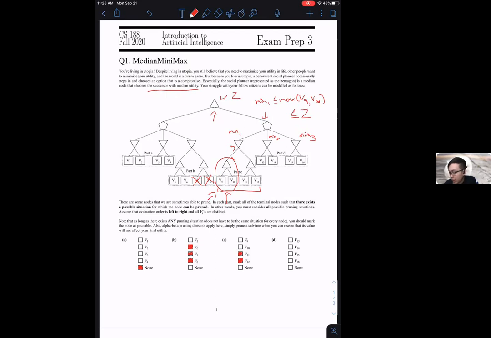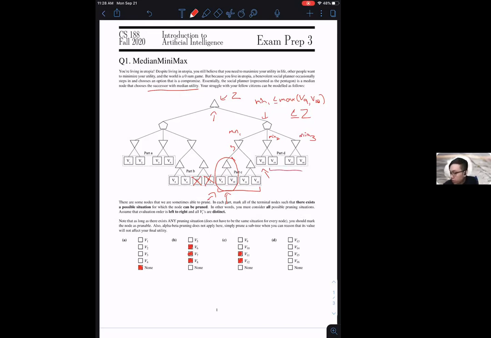And so in that case, we can realize as soon as we explore this v13, right, since this is a minimizer, we're going to get some bound on what the value of min2 can be. As soon as we explore this node, we'll be able to tell, okay, in that case, maybe both min1 and min2 are going to be less than or equal to z, so we can immediately stop and prune the remaining nodes.